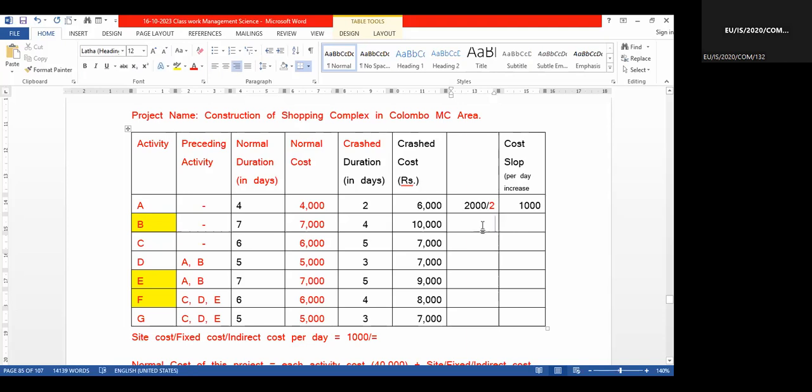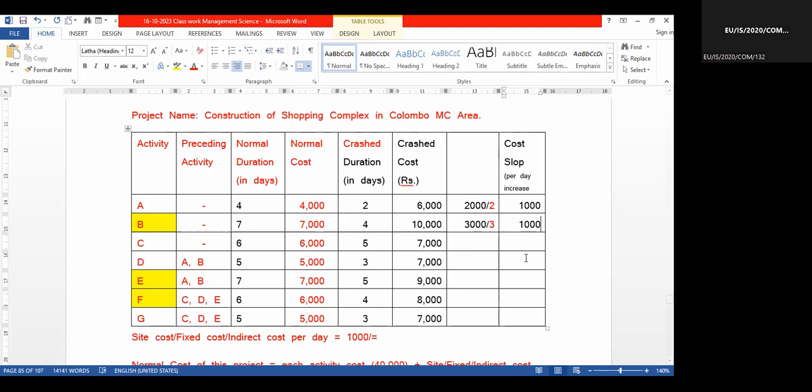The second case, B. How much is the cost increase? 3,000, no? 10,000 minus 7,000, 3,000. How many days reduced? 3 days. So that also per day cost is 1,000. Okay.